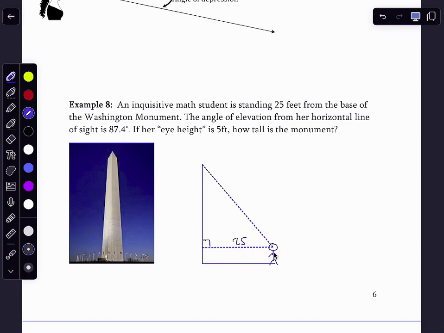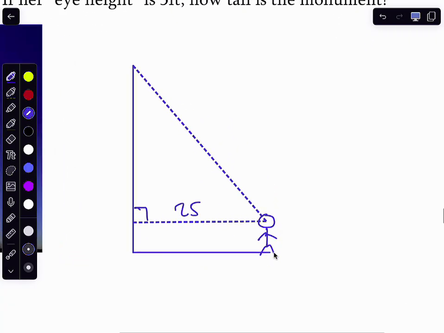That's this. Let me scoot that over a little bit. The angle of elevation is 87.4. So again, she's looking up. This is an amount of turn. So when she's looking horizontal, that's 0 degrees. She rotates her head up to look at the top of the Washington Monument. Now, you can do this with a protractor.